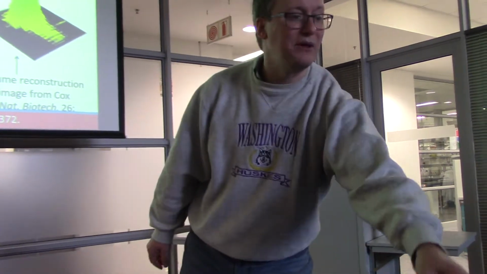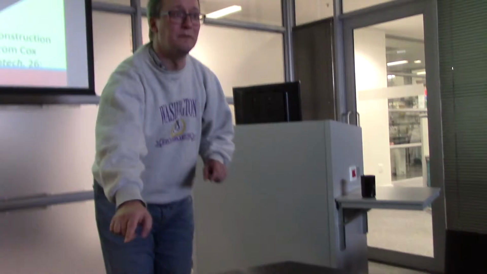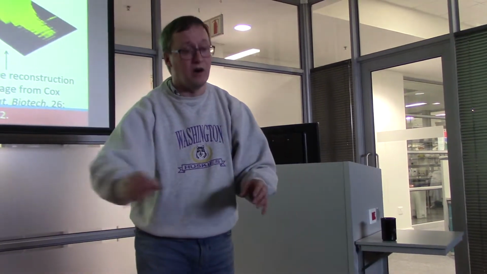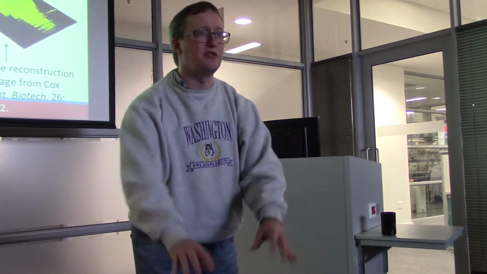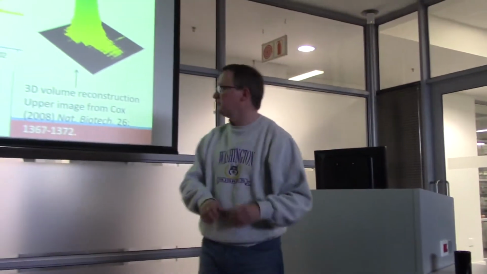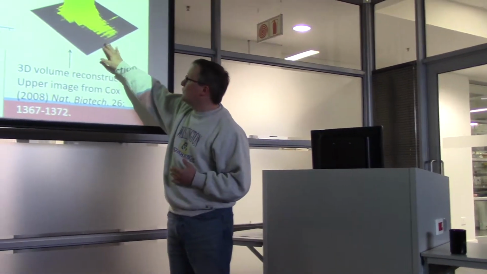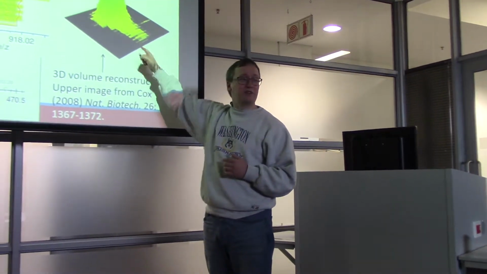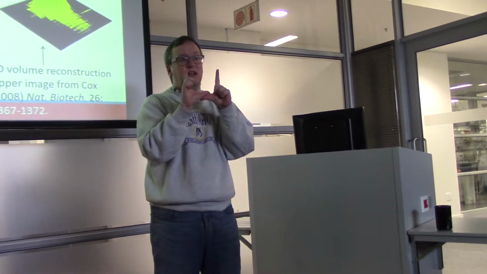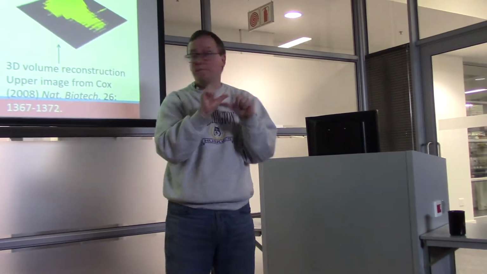We might have Mount Everest right here, but we might have a Pikes Peak right over here. These small peaks are living in this space alongside all those big peaks that represent the really strong signals. In this case, we're looking at a 3D volume reconstruction of a very, very narrow slice of mass to charge, maybe 20 mass to charge units, okay?